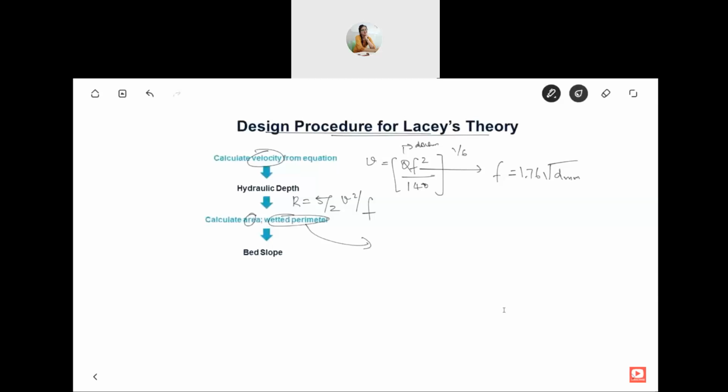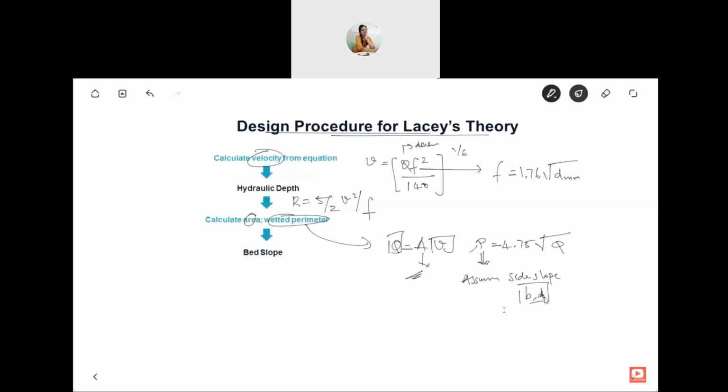For area, you know Q is equal to AV, where you know the discharge and you know velocity as well from this equation, so you can calculate A. And wetted perimeter goes by the formula P equal to 4.75 root of Q. So you can find wetted perimeter as well. Based on area and wetted perimeter, you can assume side slopes like 1:2 or something and find the breadth and depth of the canal.